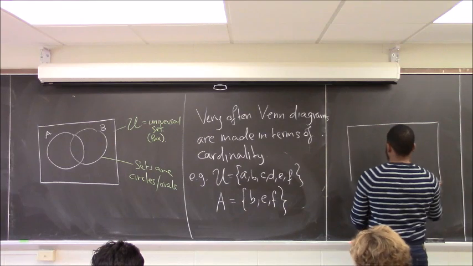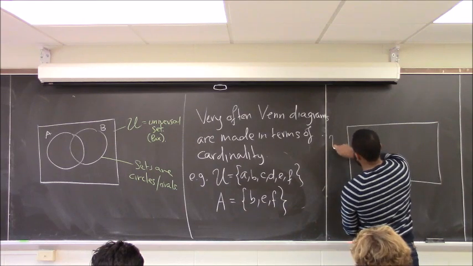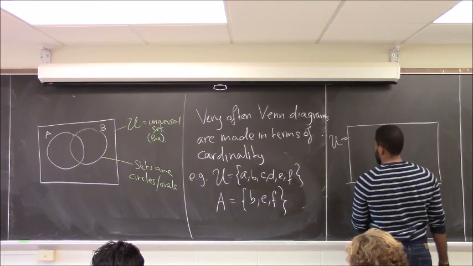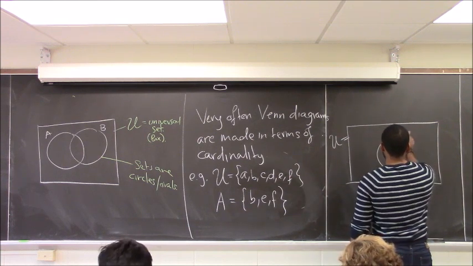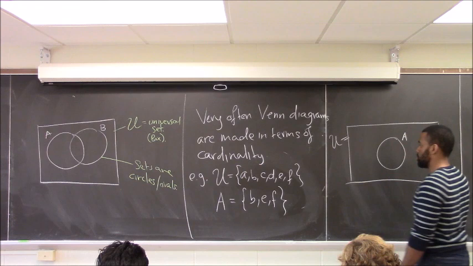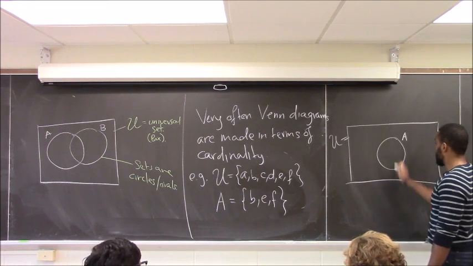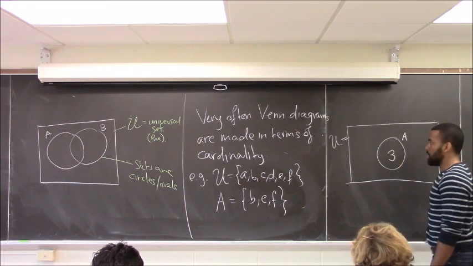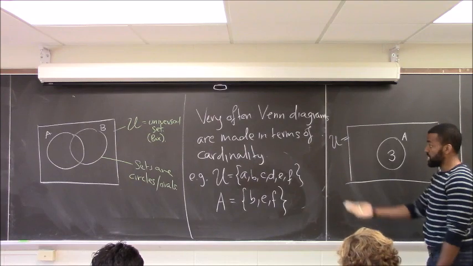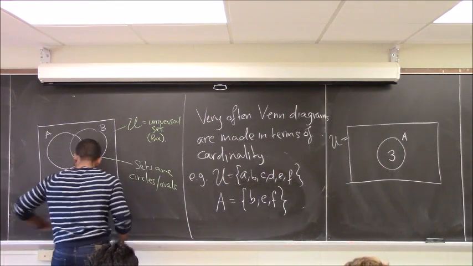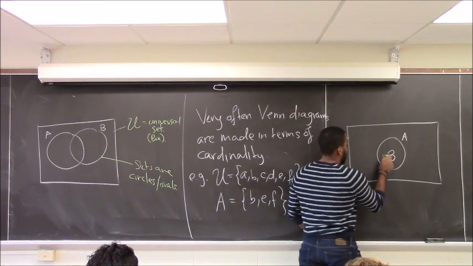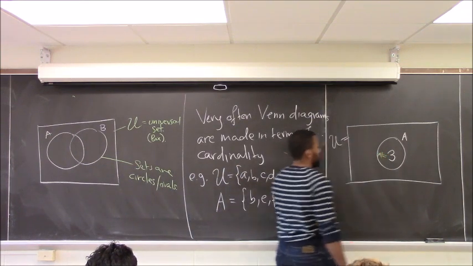So you might talk about the universe. Now the universe represents the first 6 letters of the alphabet, and you would have a set A in here. Oftentimes what you'll see us do is write the number 3 here, not because 3 is in the set, but because 3 is the size of the set. Right? So that's the size of A.